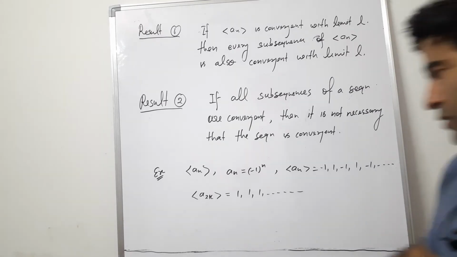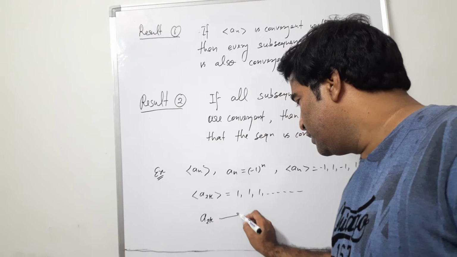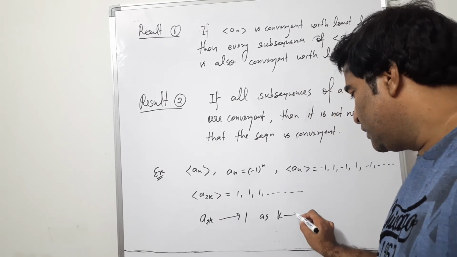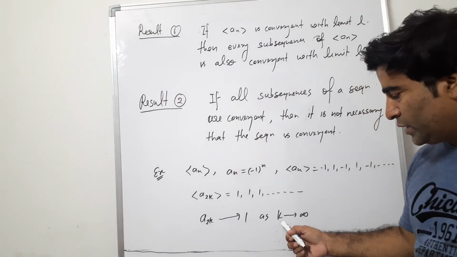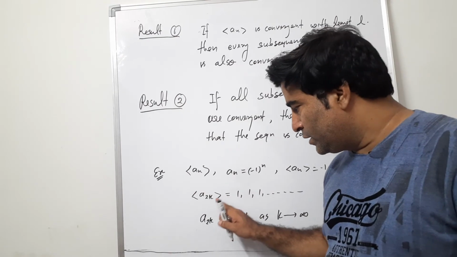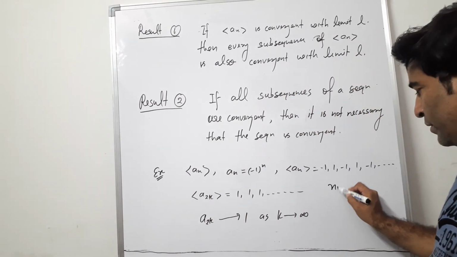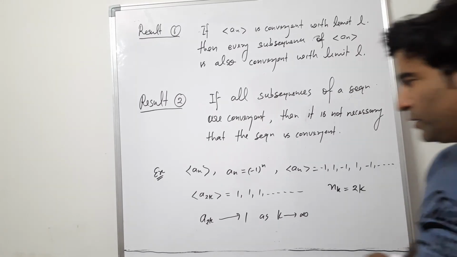So here a_2k goes to 1 as k tends to infinity. Here we take k tending to infinity because we take the subsequence n_k in terms of k. Clear?